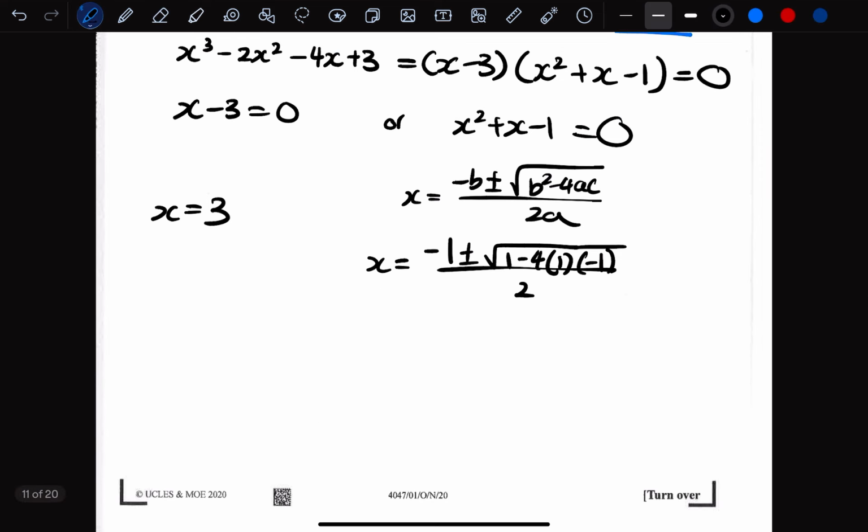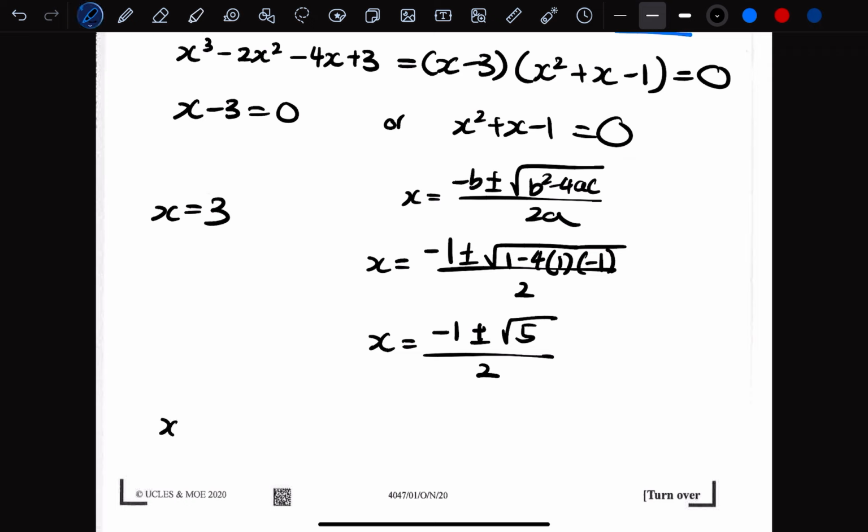Simplify this, because they want it in surd form, we get negative 1 plus minus square root. Inside, you're going to get square root 5, right? Because 1 minus 4 times negative 1 gives plus 4, so you're going to get square root 5 over 2. And this is your other answer for this question.